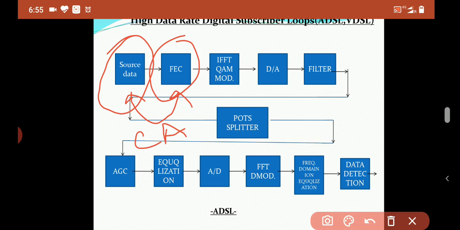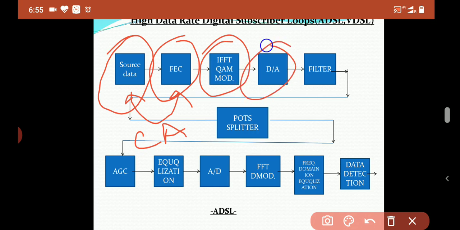Then IFFT is the inverse fast Fourier transform, which converts data values to quadrature channel signal amplitudes and converts them to a time domain waveform using an inverse fast Fourier transform. So this is important: if you want a conversion between the time domain and the frequency domain, you have to use the IFFT.